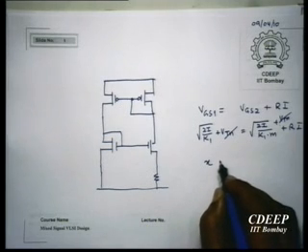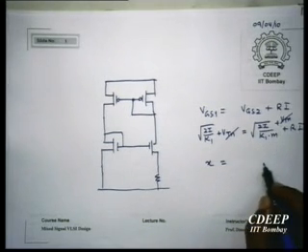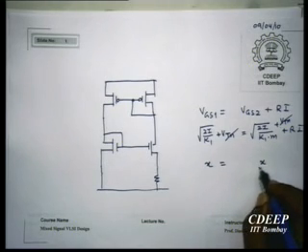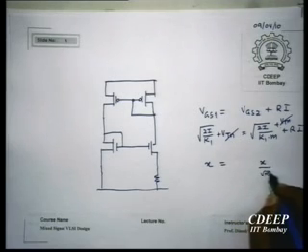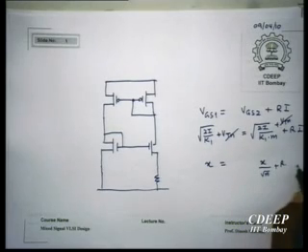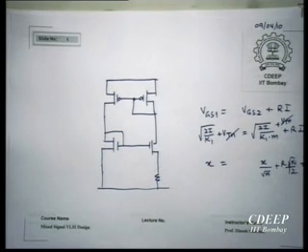So X is equal to X by root M, plus R into root K1 by 2 times I, which is X square, right?